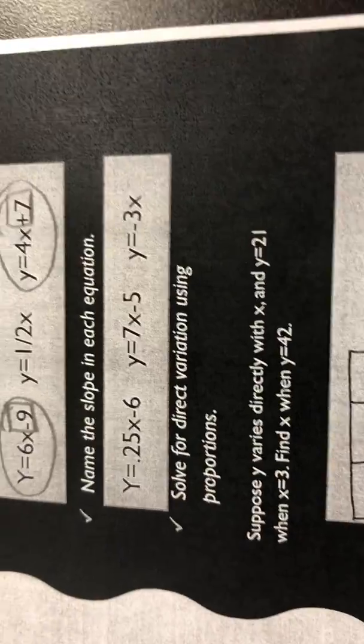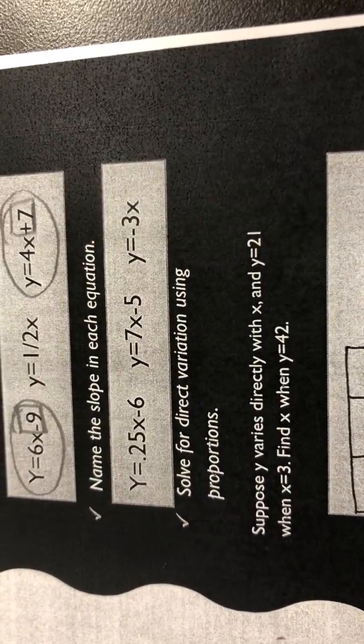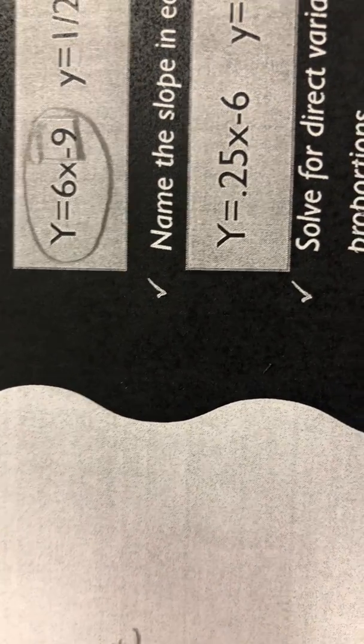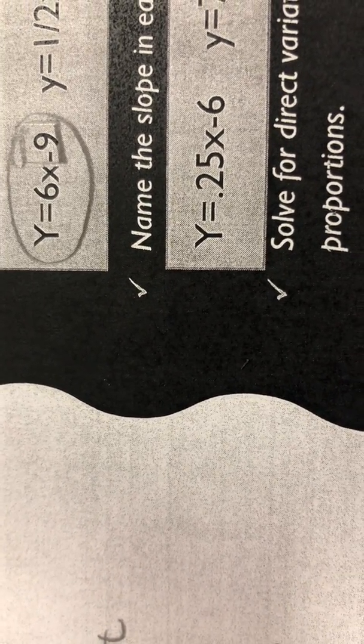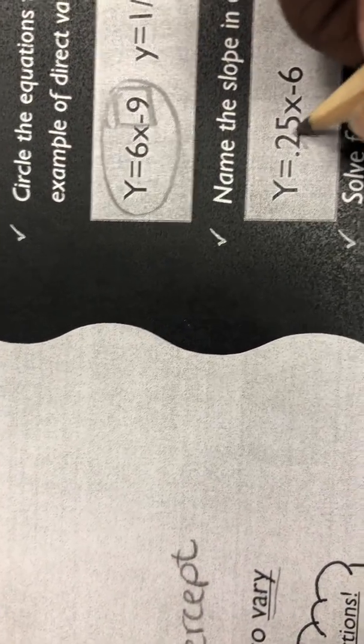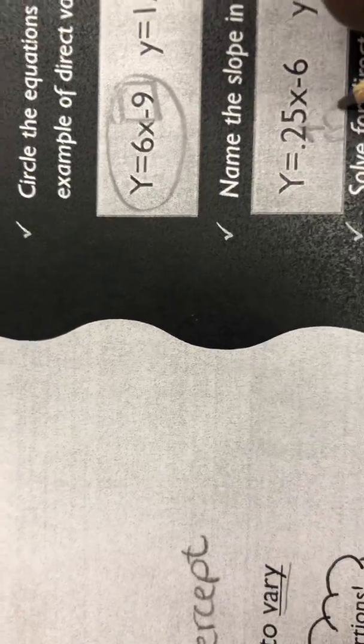Now, second thing, we got to name the slope in each equation. All right, so which numbers are going to be the slopes in these three? So let's look at this one first. Okay, if you look at y equals 0.25x minus 6, which number is going to be the slope? It's going to have to be this 0.25.